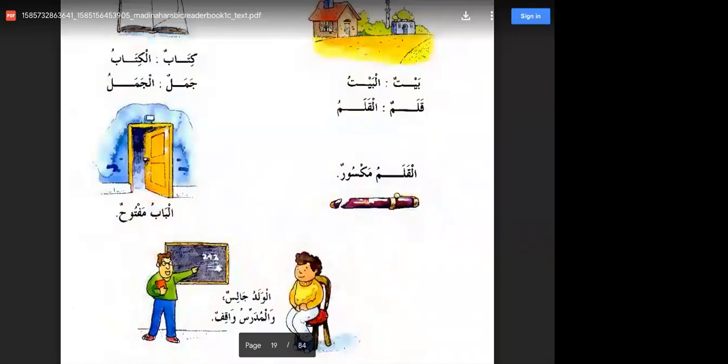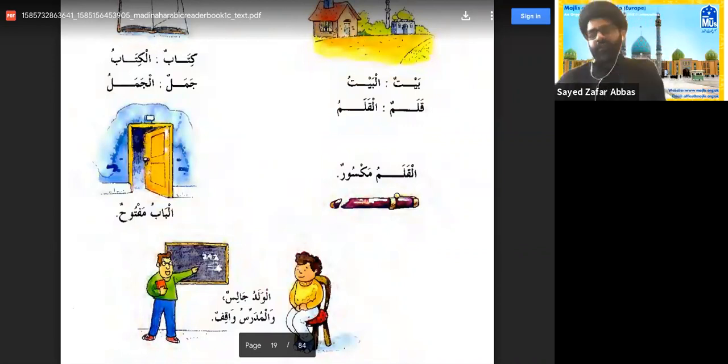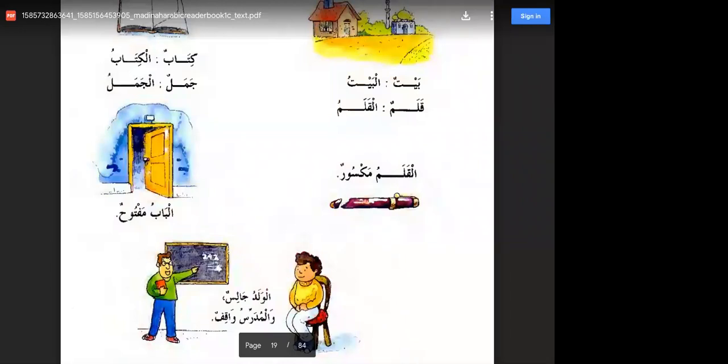Yes, that means the pen is broken. Well, thank you. So we got this sentence on the left here, Al-Babu Maftuh, and we got the picture as well. So what do you think that this means? The door is open. Well done, thank you.